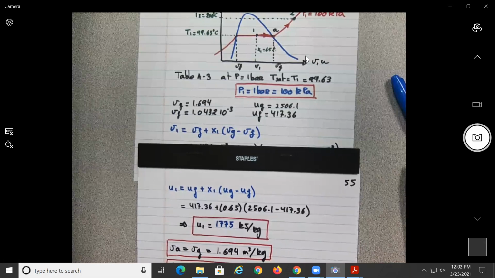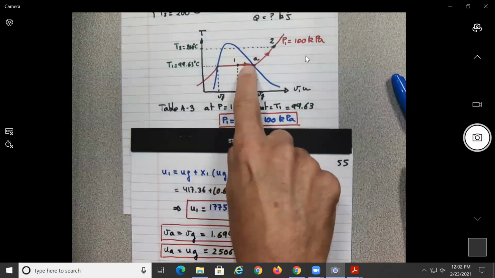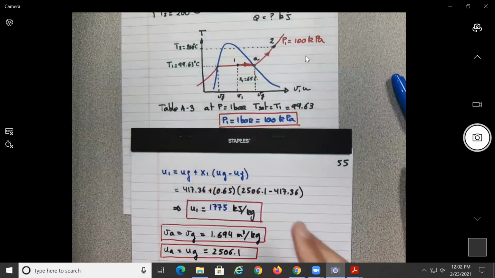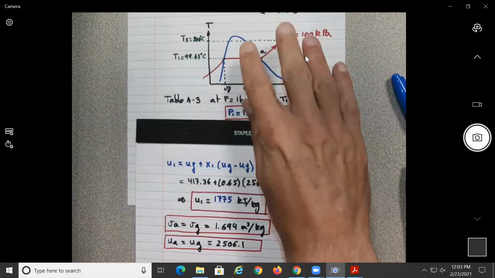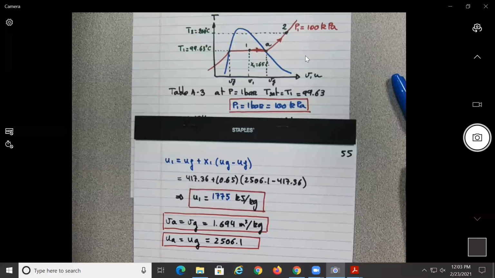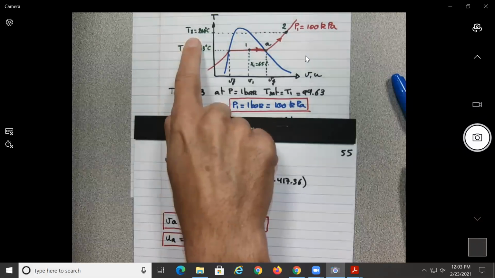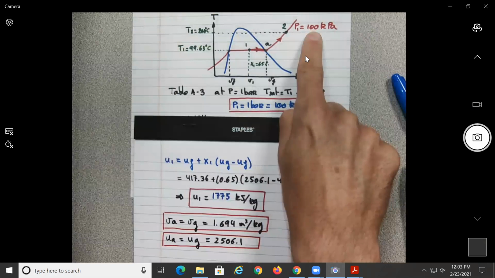Okay, so guys, what I'm doing, maybe you don't see it, but I'm just following the line. I go from 1 to A, I try to find everything, and now I go to point 2, no? So what do we know at point 2? We need to know two things in order to find the values. Do we know the temperature? What else do we know? The pressure, no? It's constant pressure.